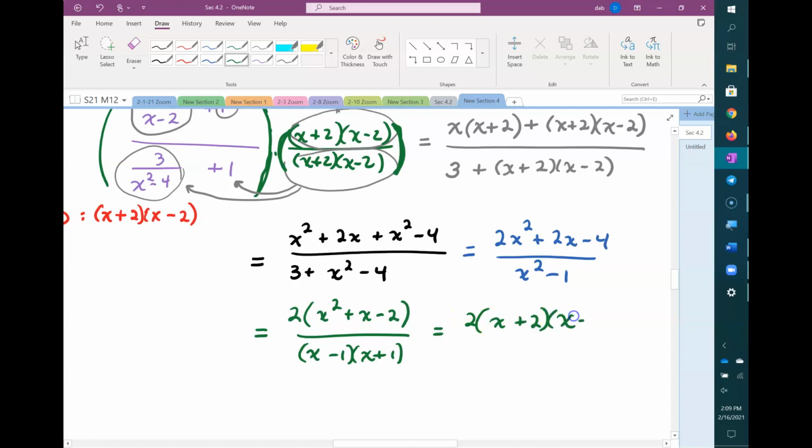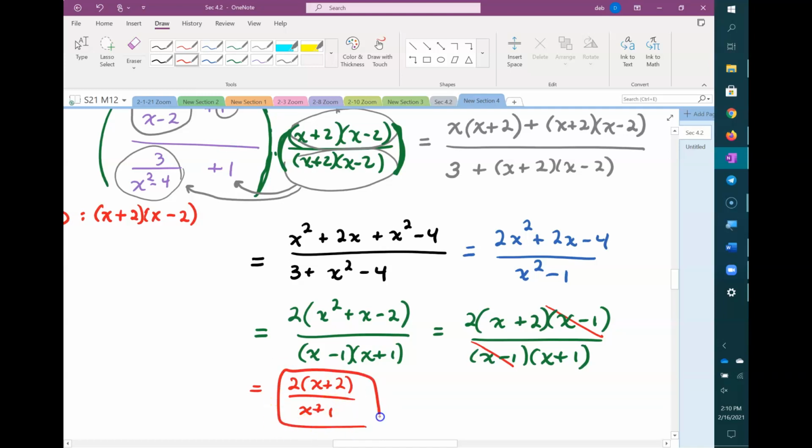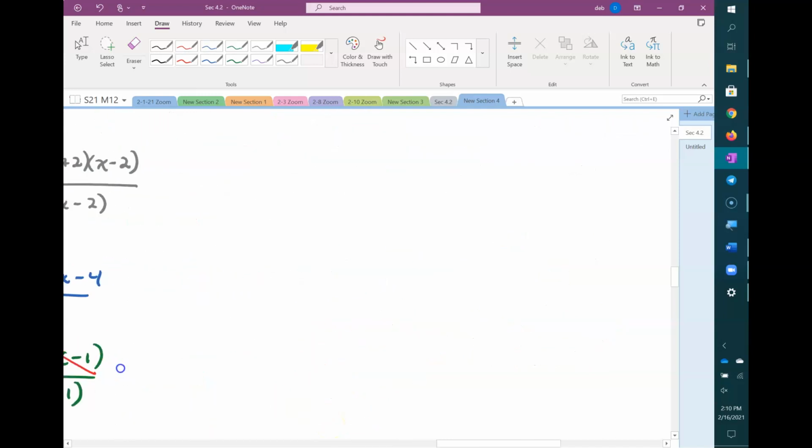So I'm going to factor the trinomial in my numerator and see that I have matching factors of x minus 1 in the numerator and denominator. So I'm going to get 2 times x plus 2 over x plus 1. Okay, so that was doing it the first way.